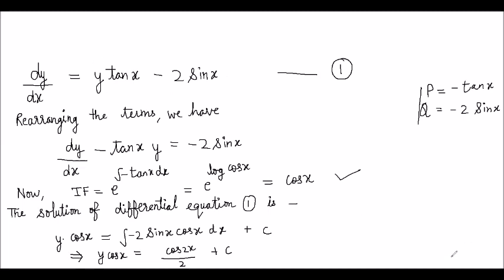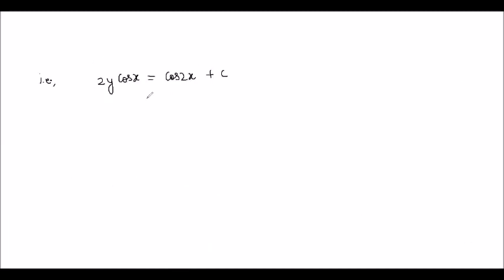That is, if I rearrange, 2y cos x equal to cos 2x plus c. So the solution of the given differential equation, this equation 1, is 2y cos x equal to cos 2x plus c.